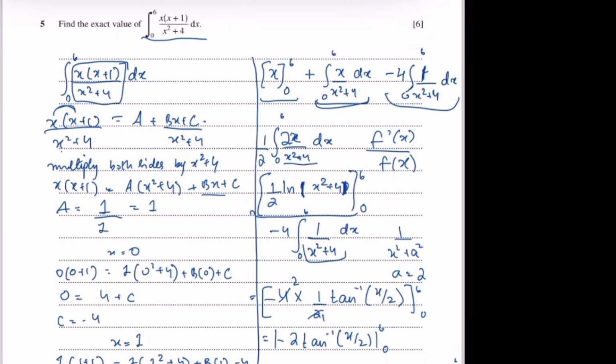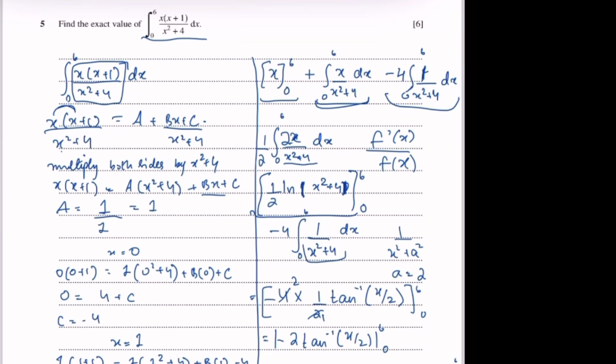So I put 6 in instead of x: 6 plus half ln of 6 squared plus 4 minus 2 tan inverse of 6 upon 2. This whole thing will be subtracted from where x is equal to 0: 0 plus half ln of 0 squared plus 4 minus 2 tan inverse of 0 upon 2.